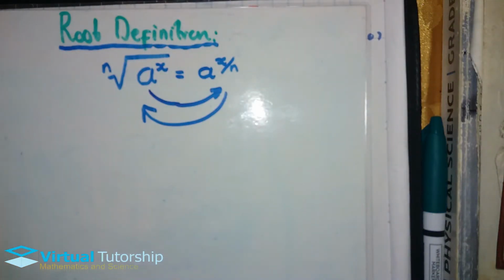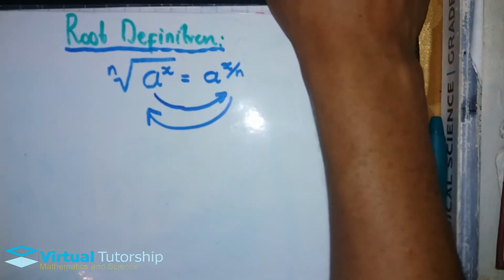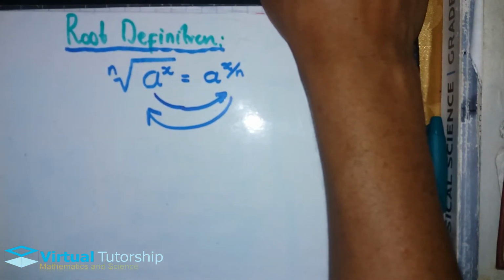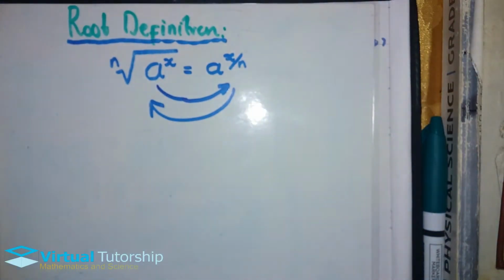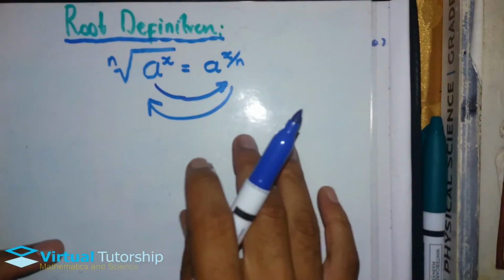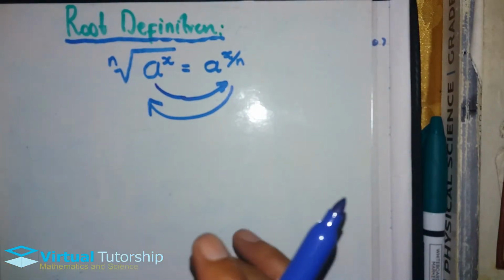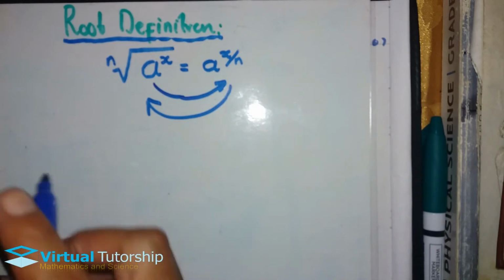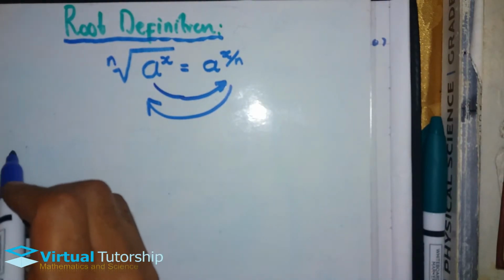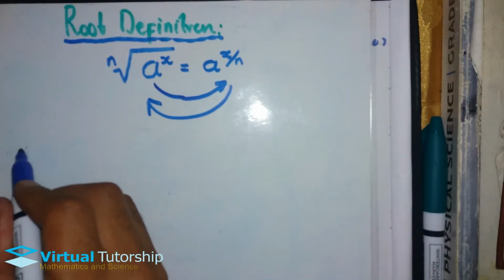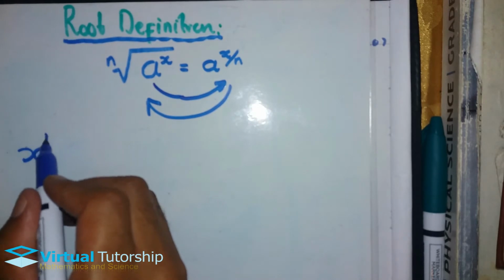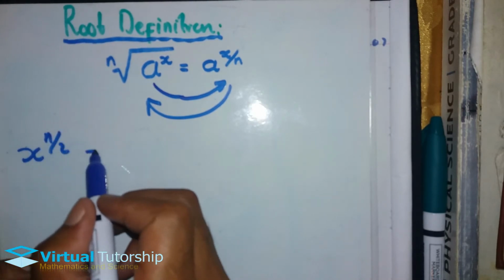Okay, now let's say maybe we have an example. Before we do these slightly more advanced examples, let me say x exponent n over 2.